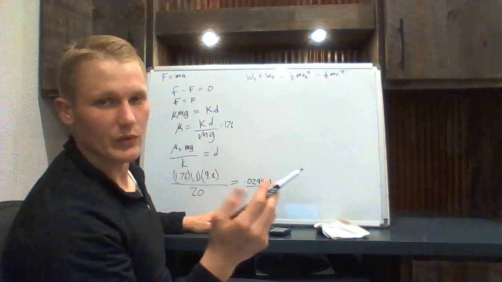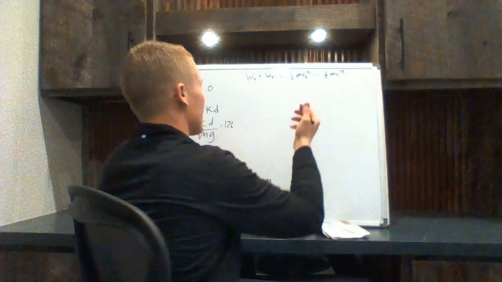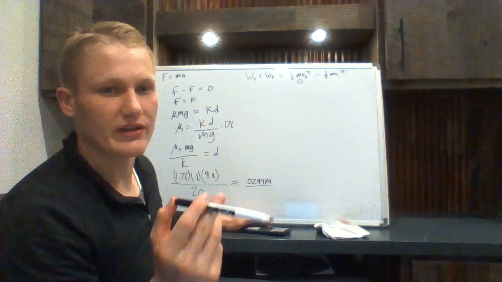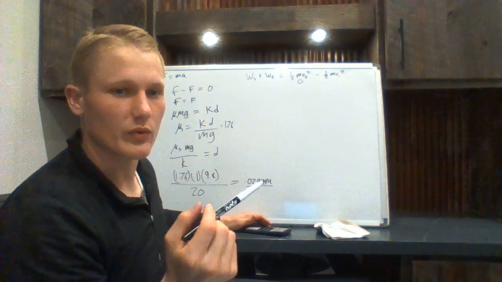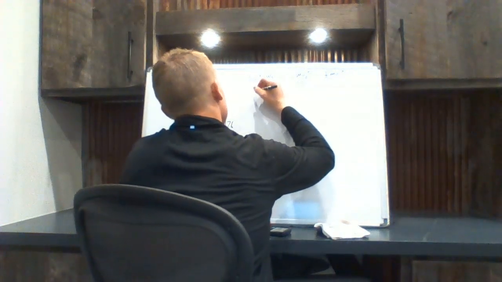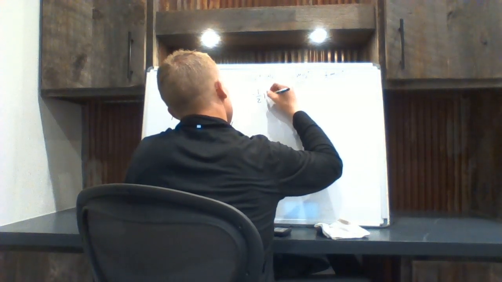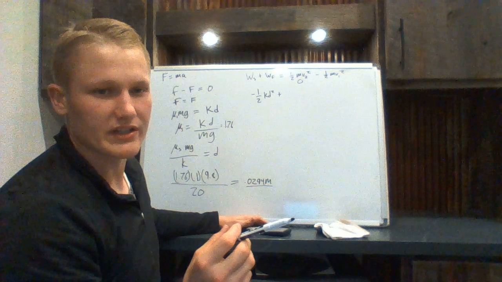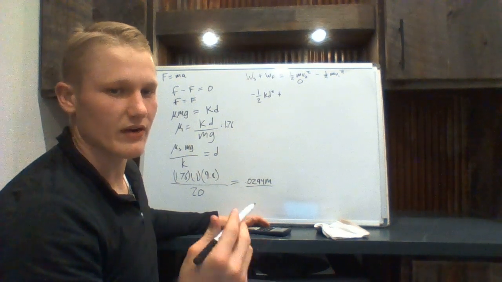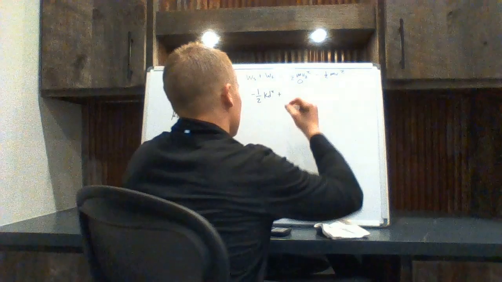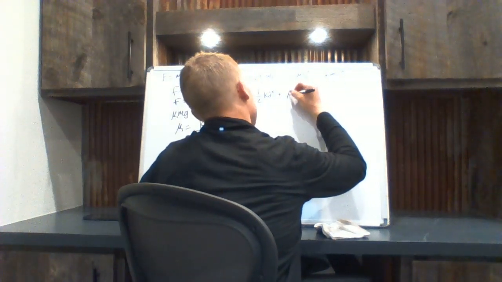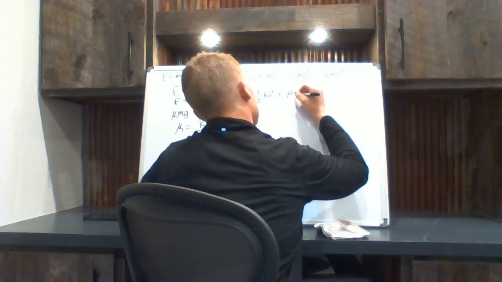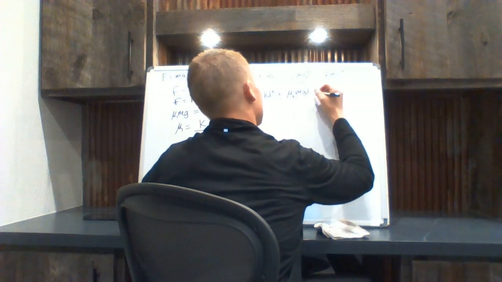Our velocity 2 is going to be 0, so that will cancel out to 0. And then we can substitute the work of the spring as negative 1/2 k d squared, plus the work of friction, which is mu k m g d. I don't know what this letter is, but that's kinetic.